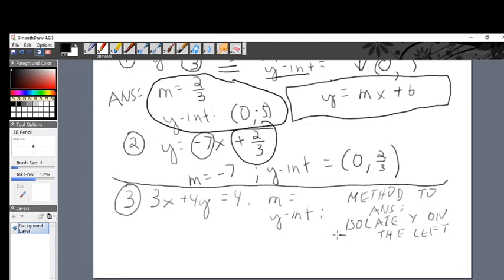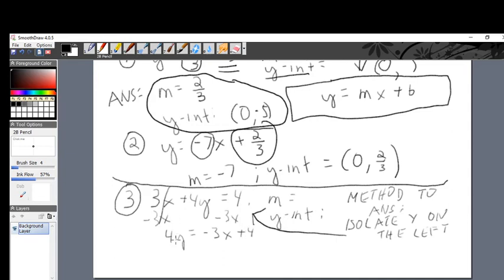So we need to isolate y on the left-hand side. That means we have to go after the 3x. Minus 3x on the left and minus 3x on the right. This is gone, and we get 4y equals minus 3x plus 4.